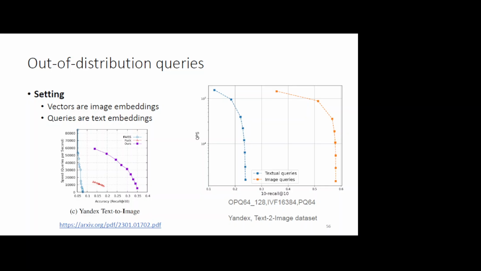You have a high recall and also very good throughput. But if your queries are text, you see, the recall drops a lot, from 0.6 to 0.25, because the image distribution is totally different from the text. So you have to think how to do the search in the two different distributions.